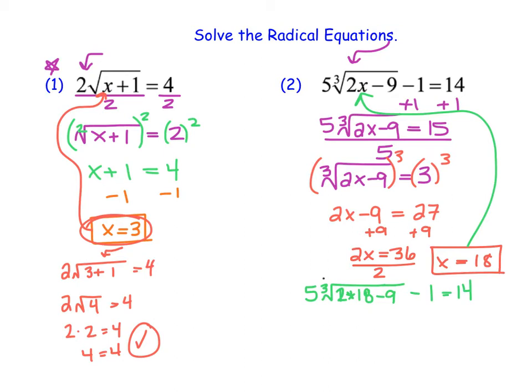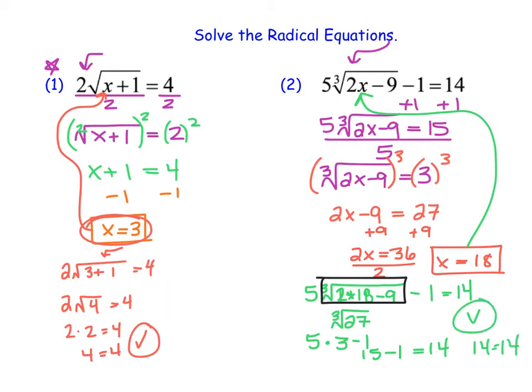If I focus on the cube root first, 2 times 18 is 36. 36 minus 9 leaves me with the cube root of 27. The cube root of 27 is 3, so I really have 5 times 3 minus 1. 5 times 3 is 15, minus 1, which I know does in fact equal 14. So I'm going to end up with 14 is equal to 14, which tells me that my answer is in fact x equals 18.